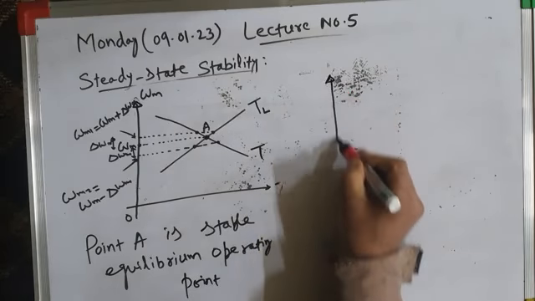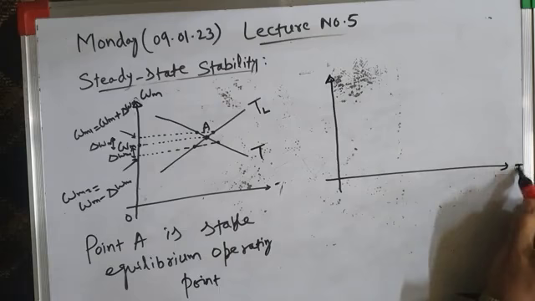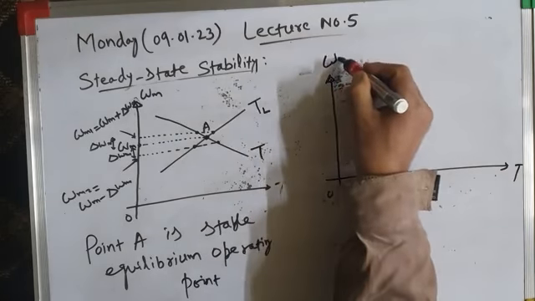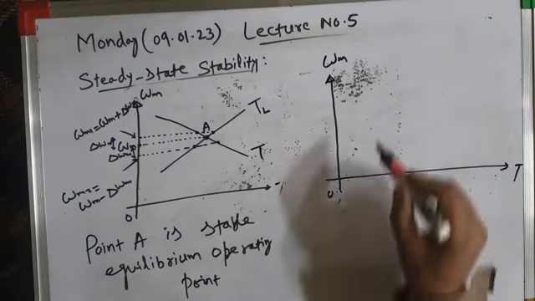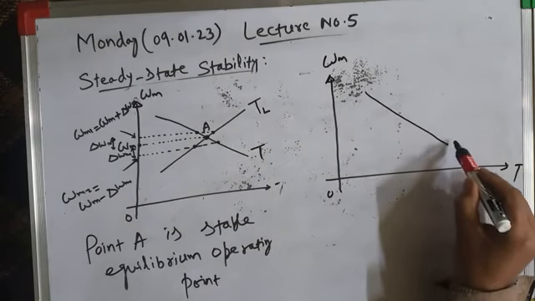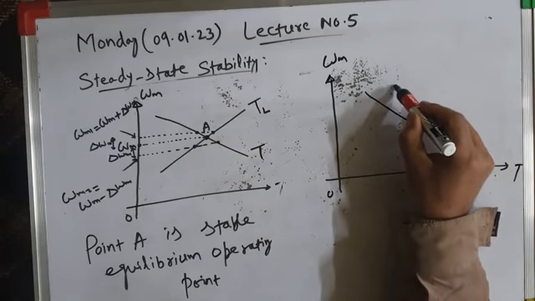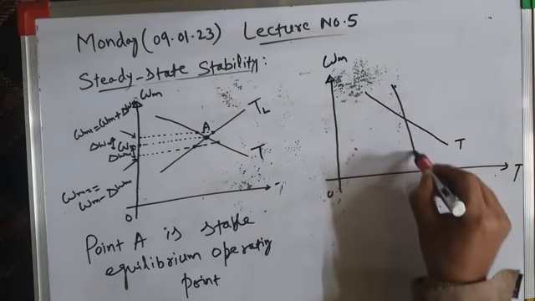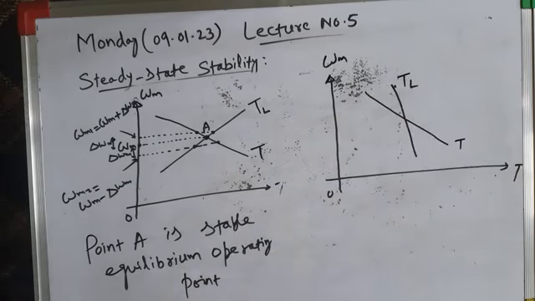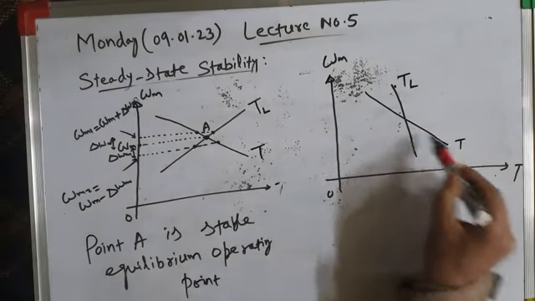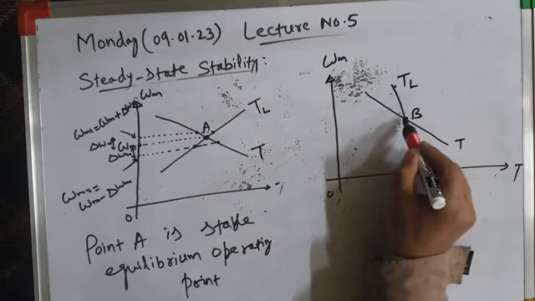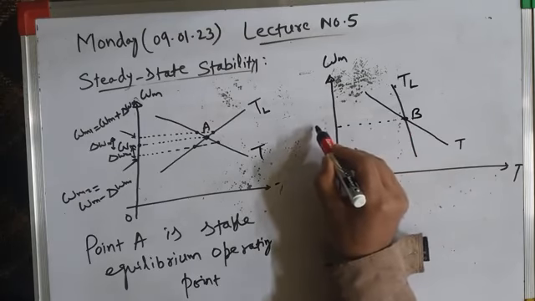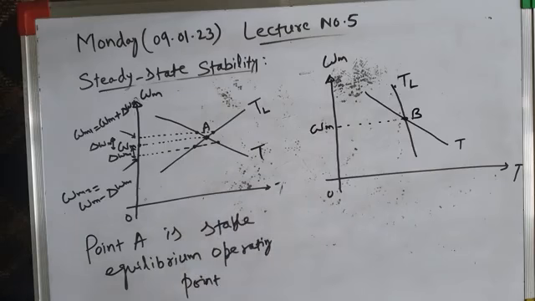In the other example, this is the torque and this is the speed along the y-axis. Let us suppose this is the torque developed by the motor, and this is the load torque TL. So the characteristics are different. This is the torque developed by the motor and this is the load torque, and this is the operating point. Point B is the operating point, and at this point B the drive is operating at rated speed, say omega m.